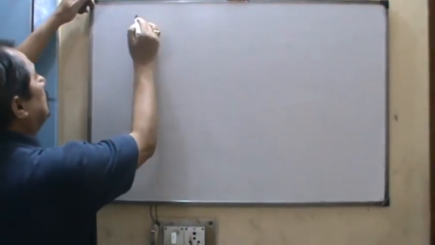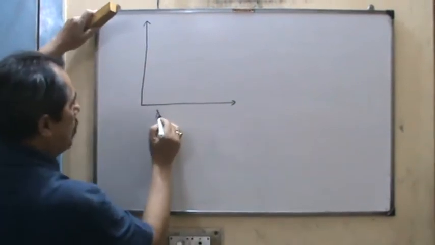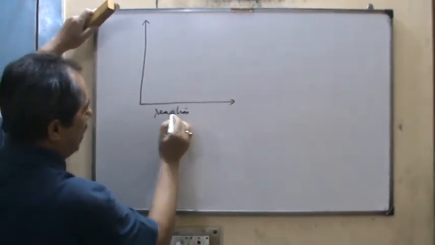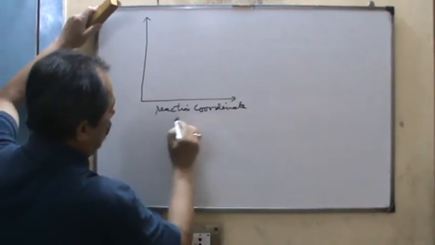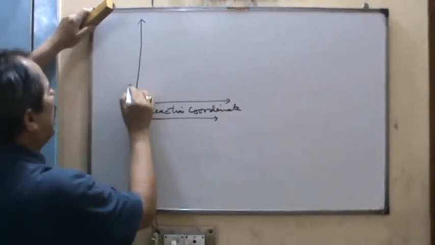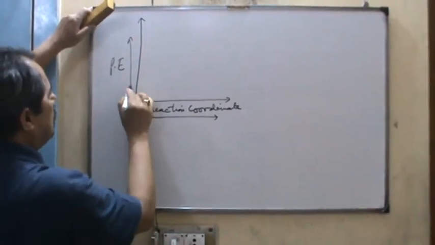My dear students, here you write reaction coordinate, profile of energy, reaction coordinate, and on this side you write potential energy.